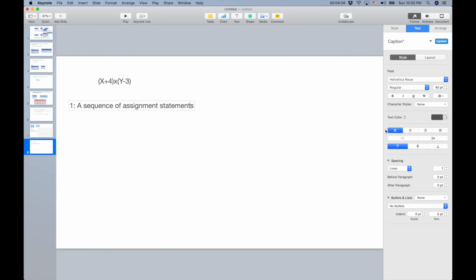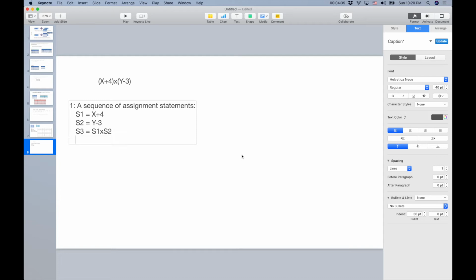What does this mean? We can represent it as, for example, S1 equals x plus 4. This is the first assignment. We have S2 equals y minus 3, and we have S3 equals S1 times S2. Then this S3 will be the same as the expression we showed here.